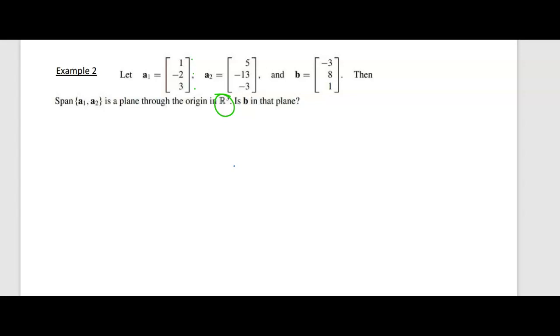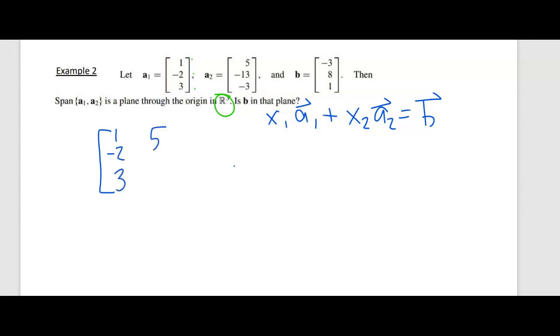If it is, what that means is, if we go back to that definition, X1 A1 plus X2 A2 would give me vector B. Okay, it would be a linear combination of those if it's in the span. So we're going to solve this just like we did on the other example, and see if this is true.